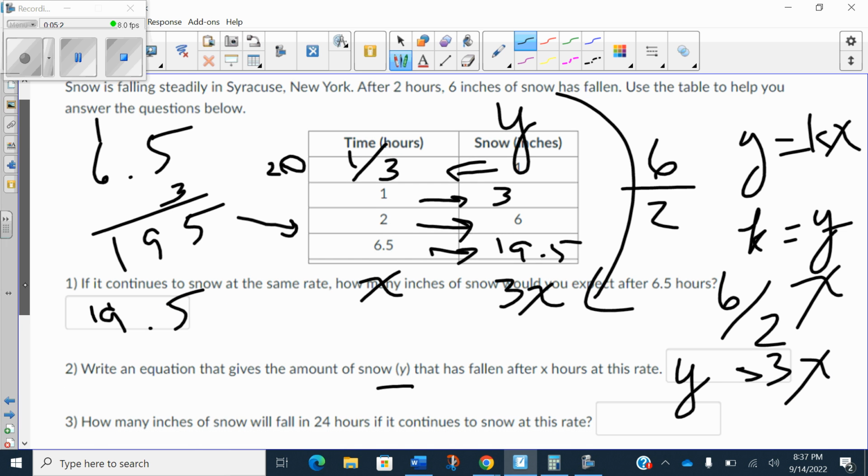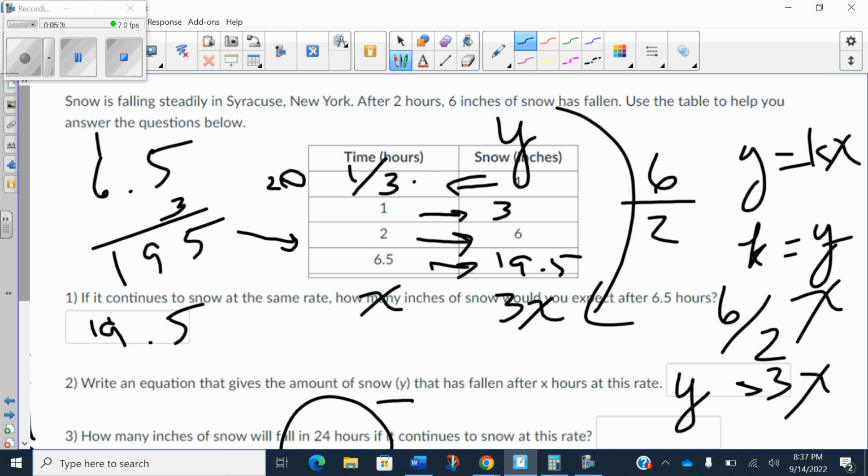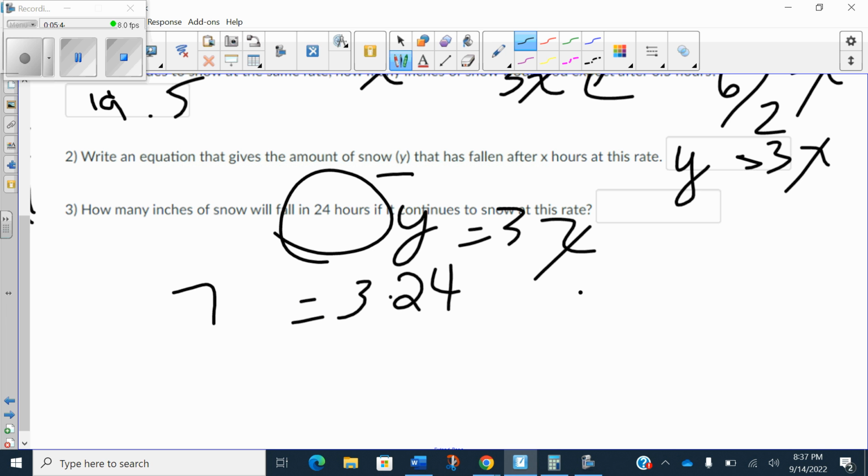Okay, and then the last one says, how many inches will snow in 24 hours? So if I think about this, 24 is my time. So I'm going to say 24 times my constant of proportionality. So it's y equals 3x. x is 24, times 3 equals 72 inches of snow, which is 6 feet.